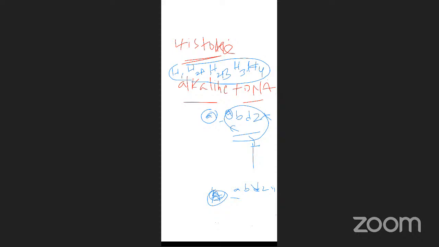And next one, non-histone protein. The non-histone proteins are completely opposite, completely different from histone proteins. In one word, which proteins are not involved in heredity? These are all called non-histone proteins.